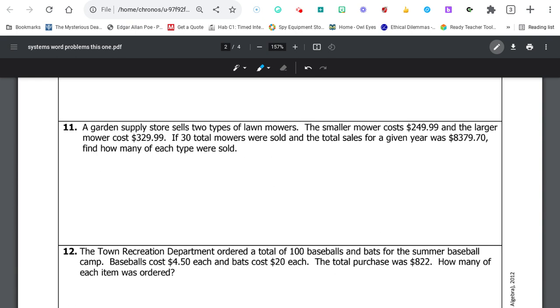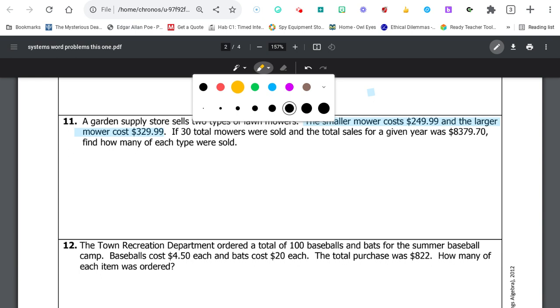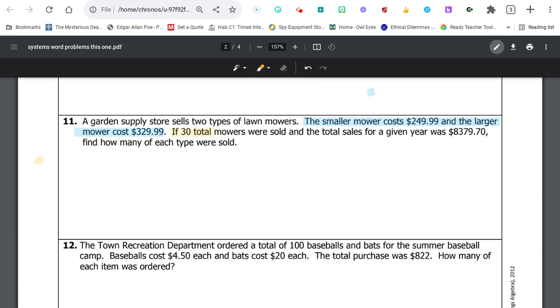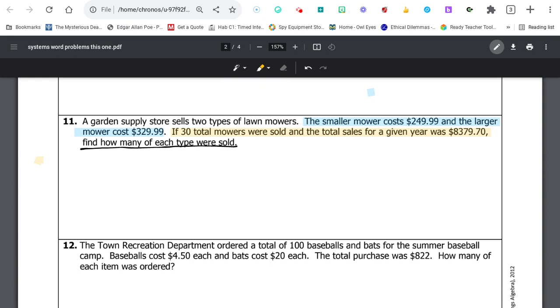All right, it says a garden supply store sells 2 types of lawnmowers. So here's equation 1. The smaller mower costs $249.99 and the larger mower costs $329.99. If 30 total mowers were sold and the total sales for a given year was $8,379.70, our goal is to find how many of each type were sold.